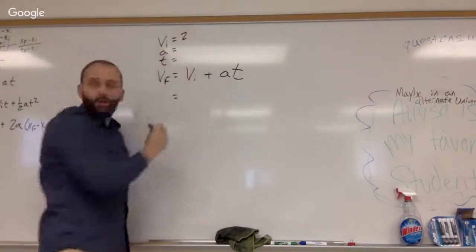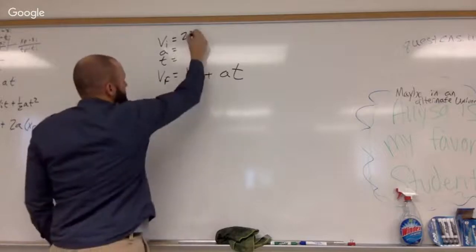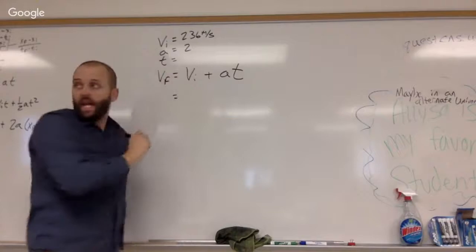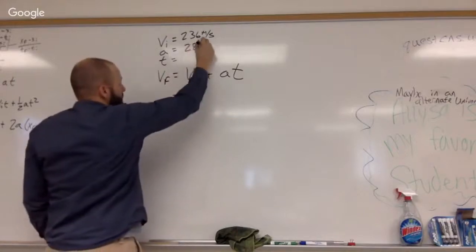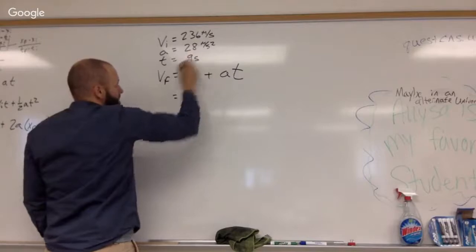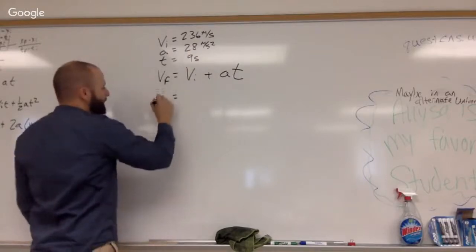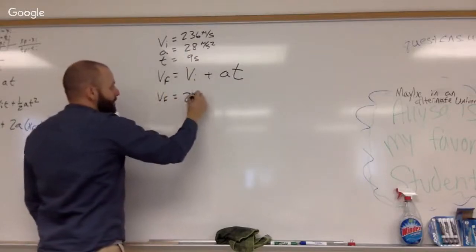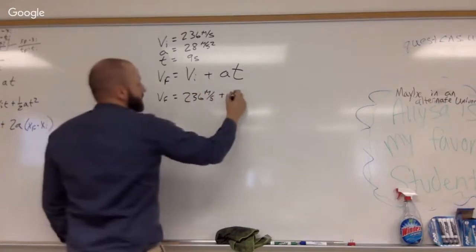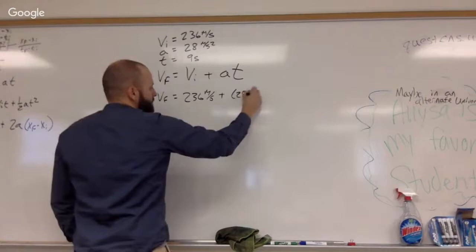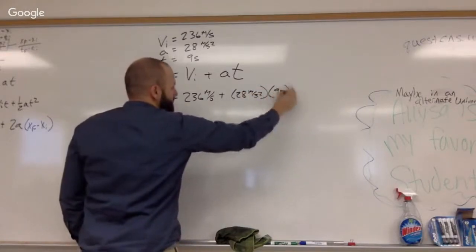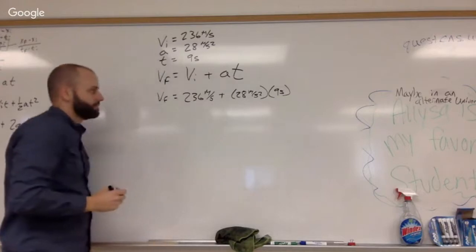This was 236 meters per second, 28 meters per second squared, and this was 9 seconds. VF is going to be equal to 236 meters per second plus 28 meters per second squared times 9 seconds.